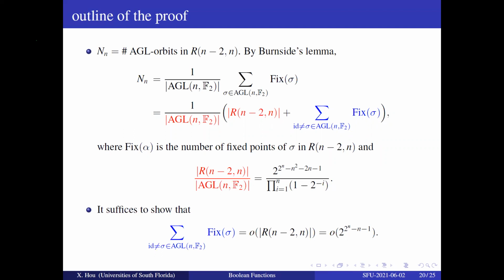So it boils down to the following. We only have to prove that the summation in the blue color is of a smaller magnitude compared with this term. Well, the size of the Reed-Muller code of order n-2 is well known. It's very easy.